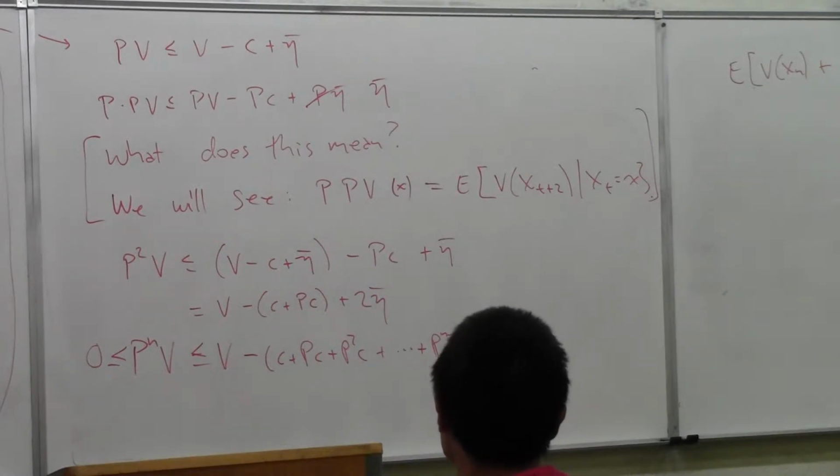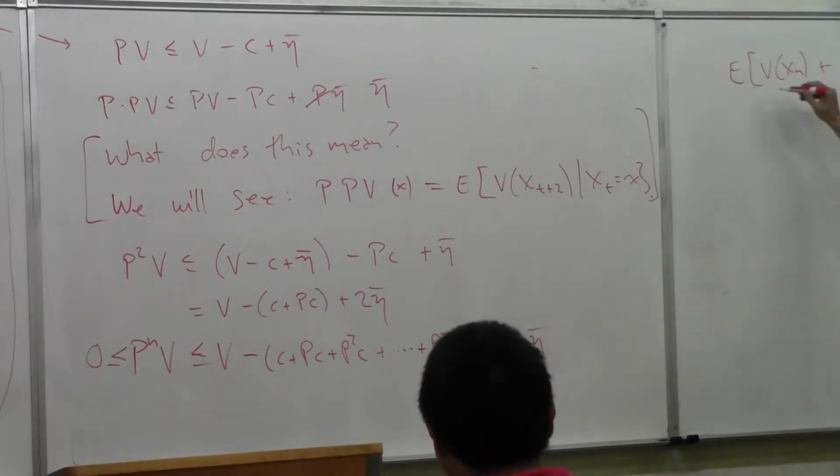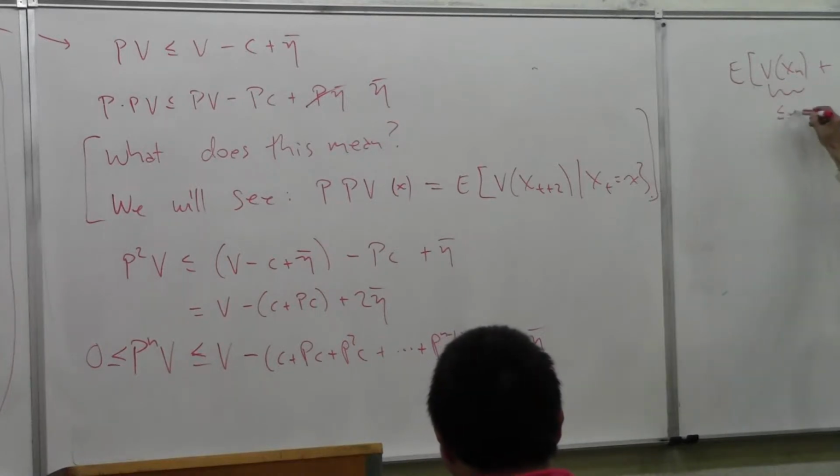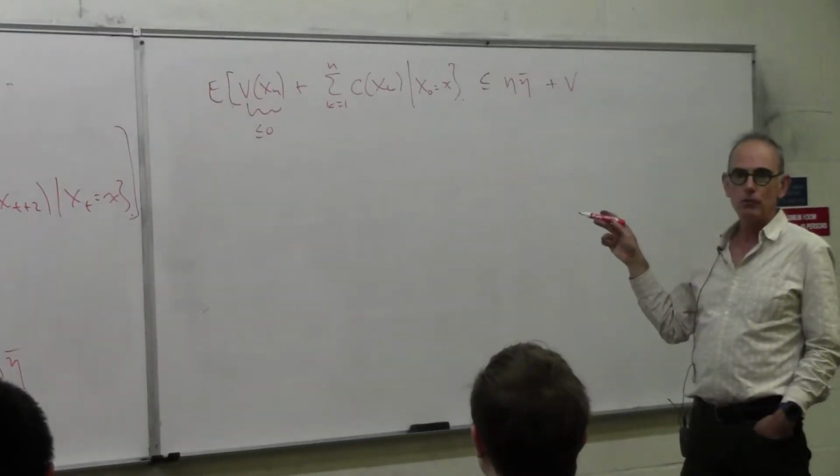All right. And oh yeah, I missed something, didn't I? Right, and this again is greater than or equal to 0. So we might as well forget about it because we don't know anything about that. It's just getting in the way. And so what you get is the average cost.